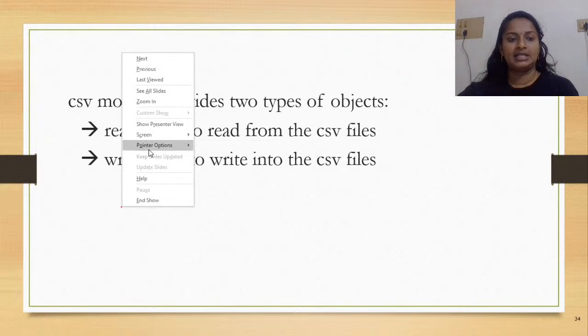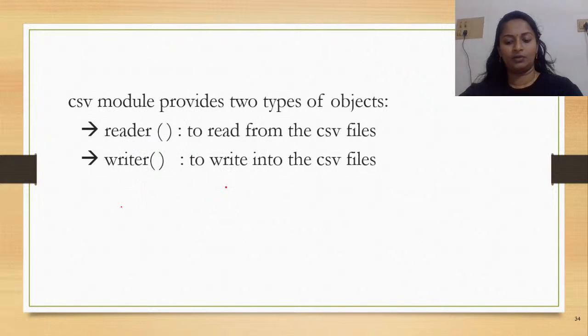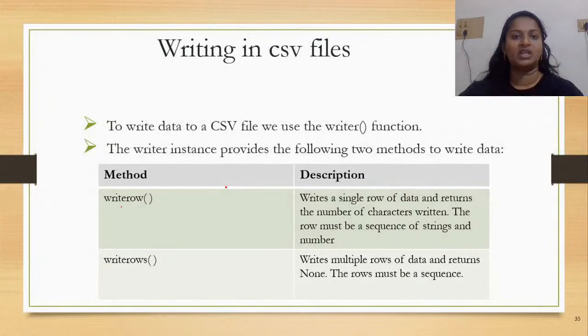Now let's see the syntax followed by the operations. The first thing that we are going to learn in detail is writing on CSV files. So to write data to a CSV file, which function or method are we going to use? The writer function. The writer instance provides the following two methods.